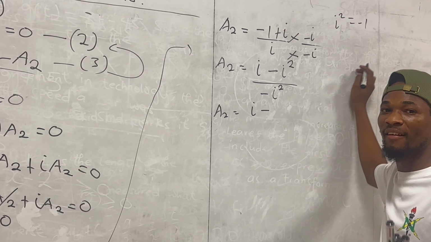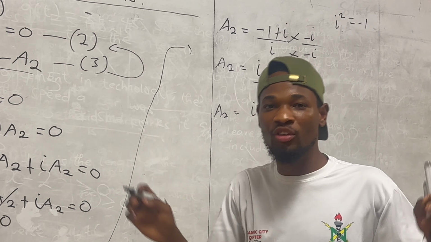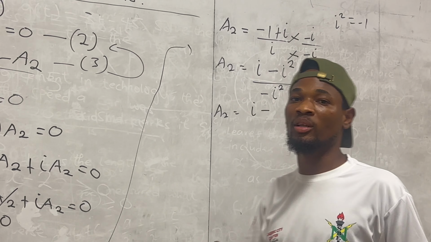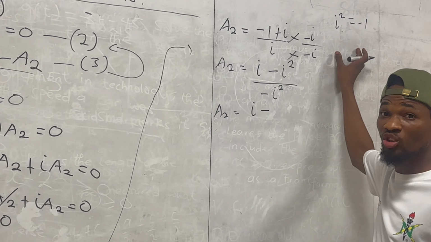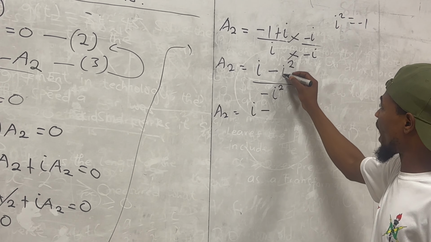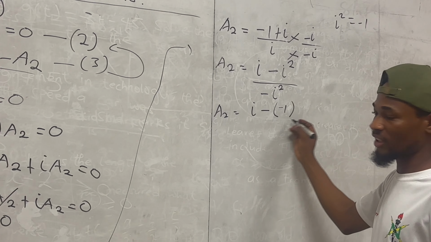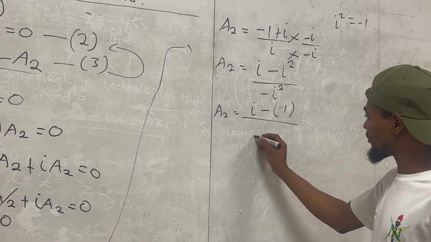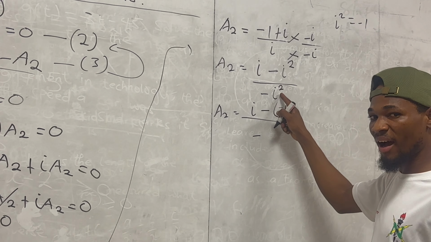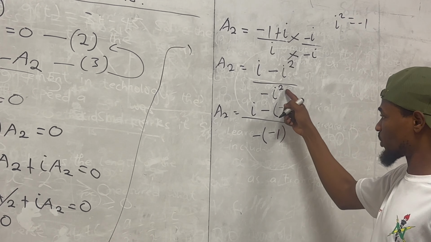Again, if you are new here, visit my first introductory video on complex numbers. I've done this in detail. So here I have negative, then i squared is the same as negative 1. All over, negative i squared, but i squared is also negative 1.